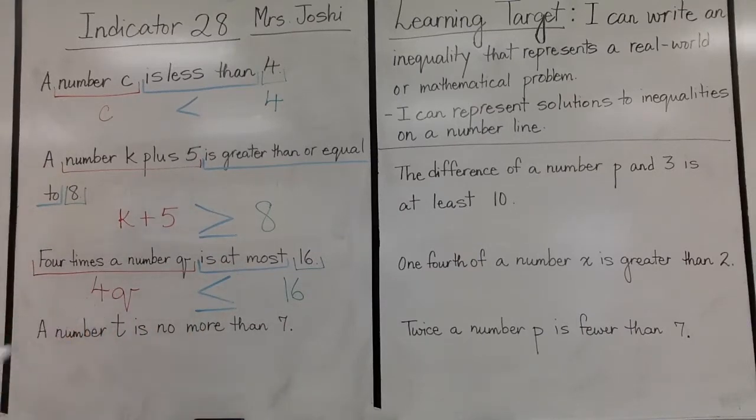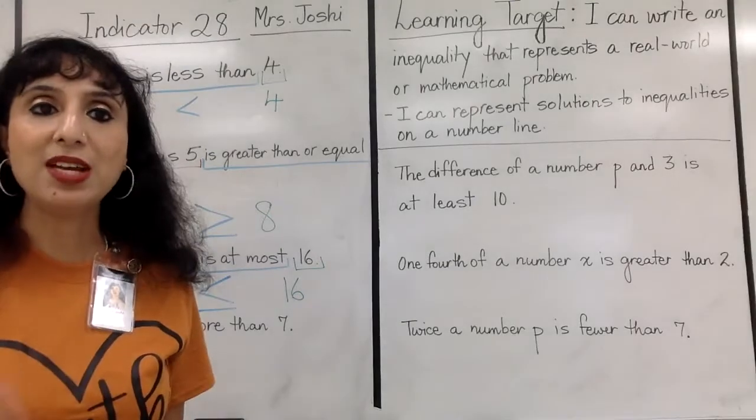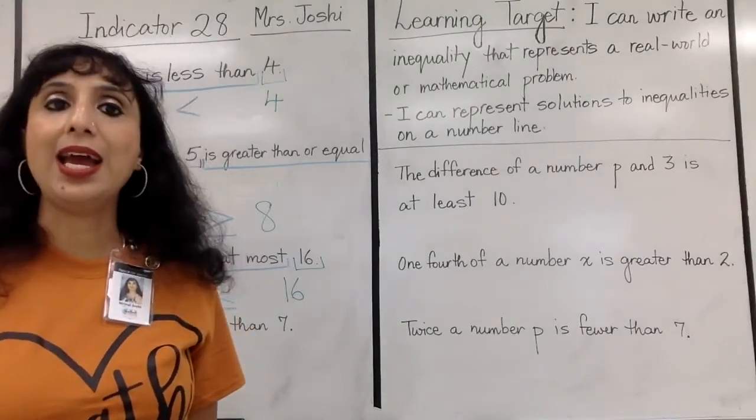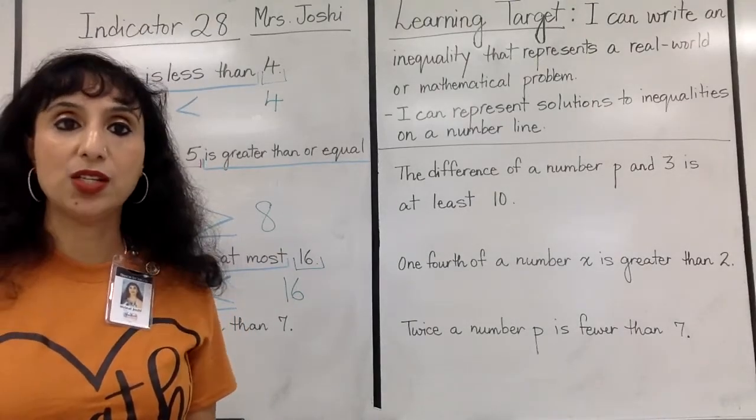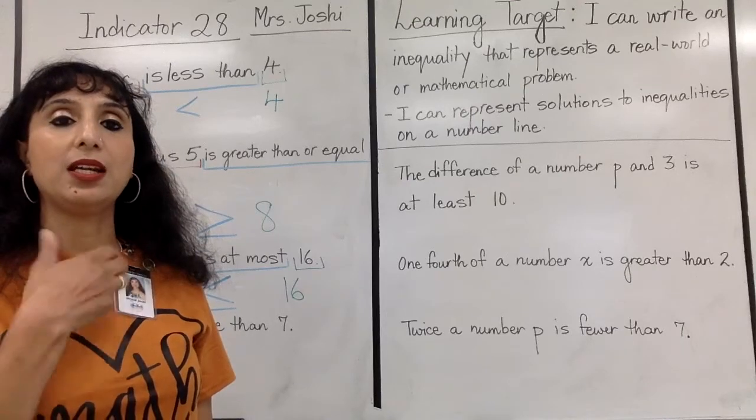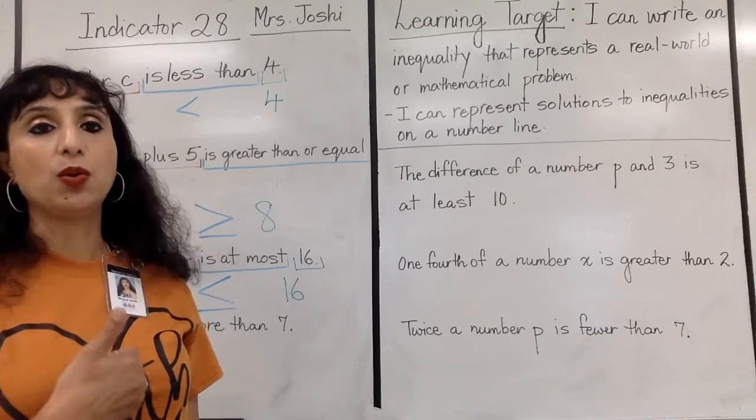The next one is saying a number T is no more than 7. If I'm saying no more than 7, that means 7 is the maximum and it is included. So no more than 7 means the number is less than or equal to 7.